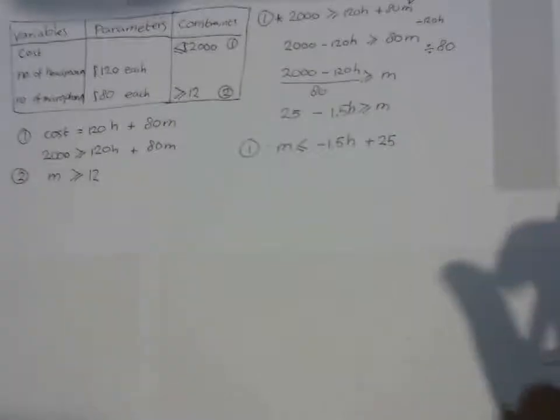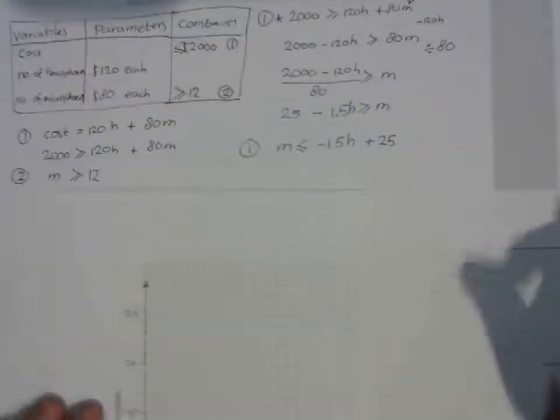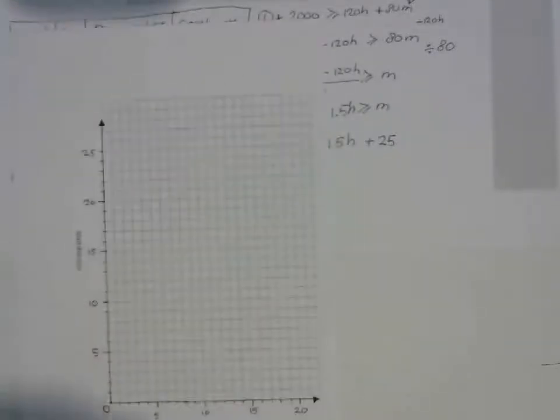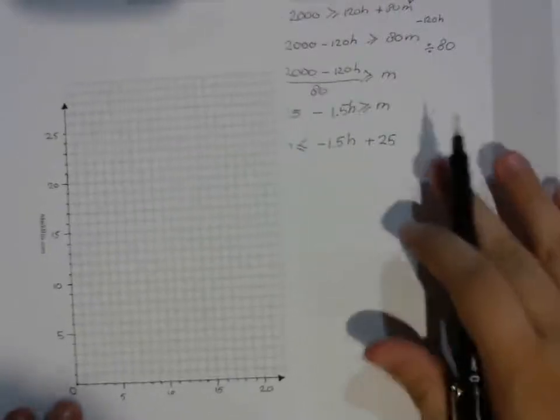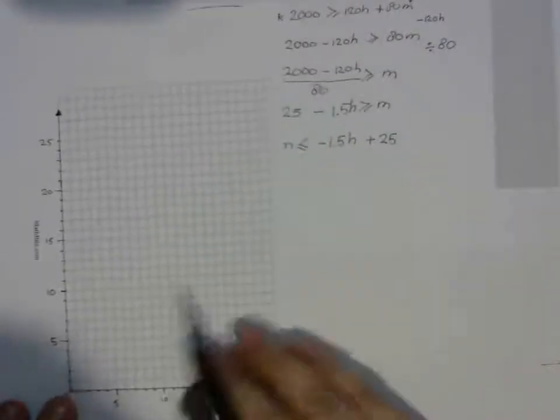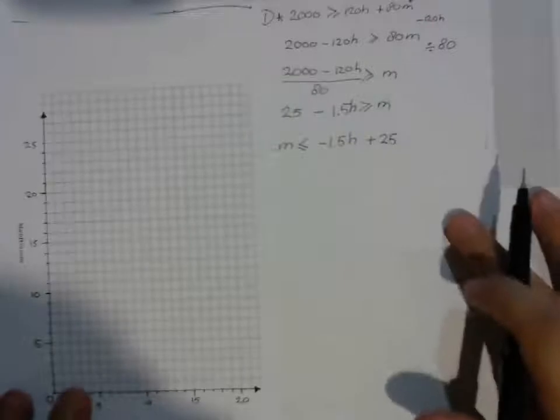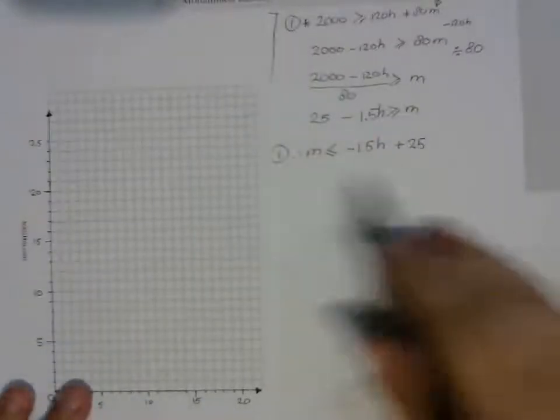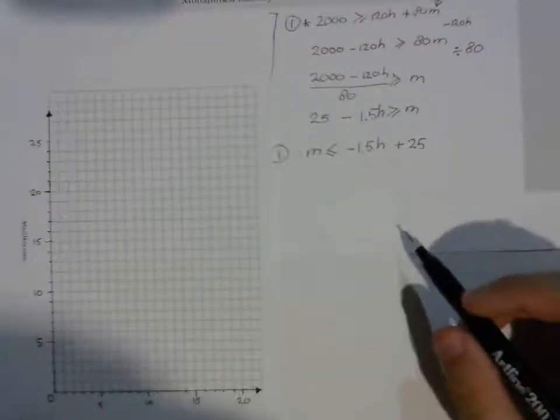Okay, I'm going to move this up to the side, and I've already drawn a grid here that I'm going to use. And I'm going to start by drawing the inequality we just rearranged.